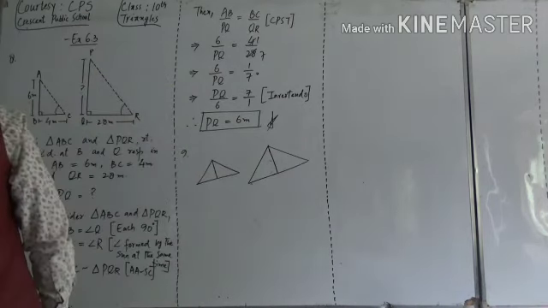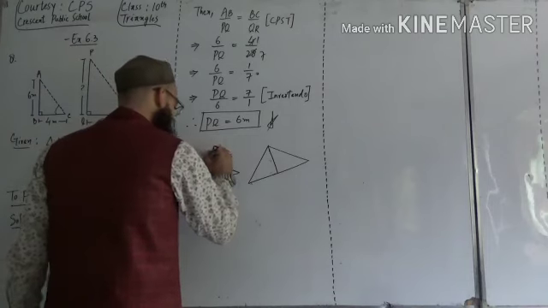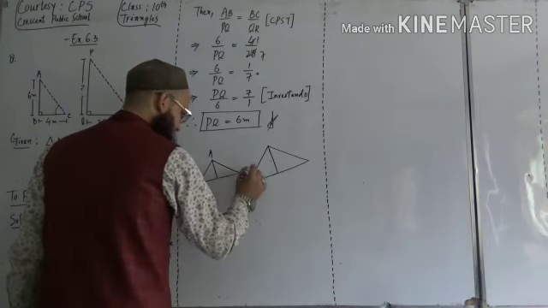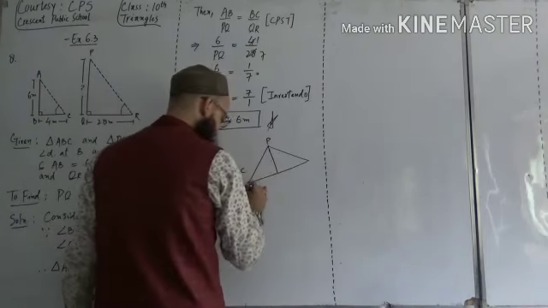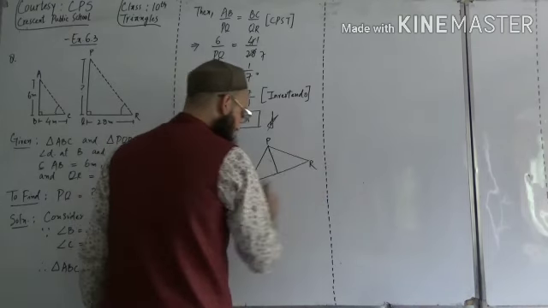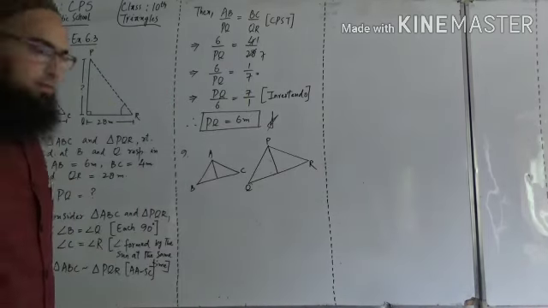We have two triangles ABC and PQR. These are similar triangles.